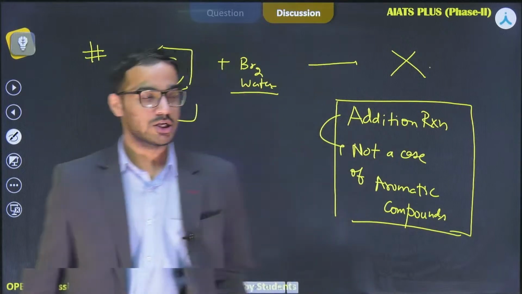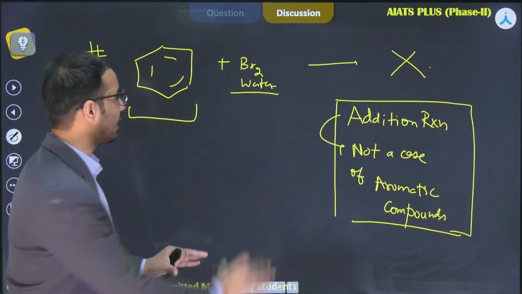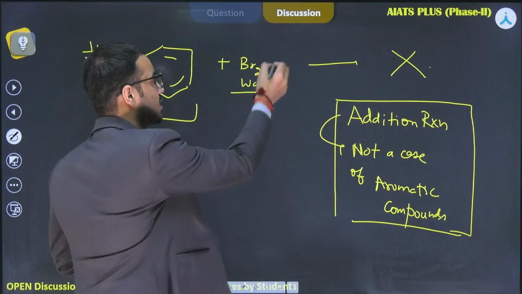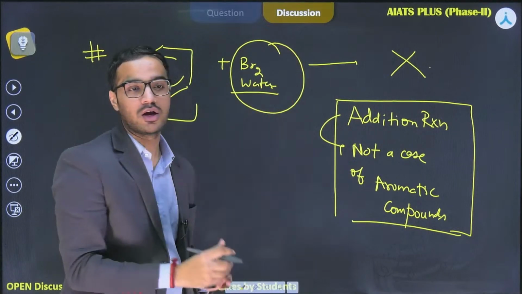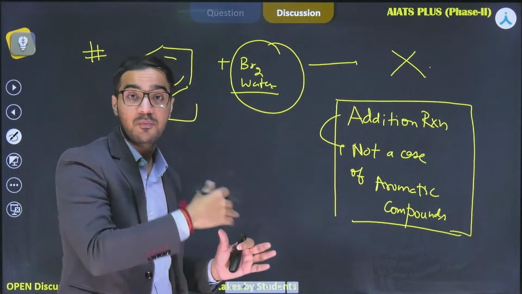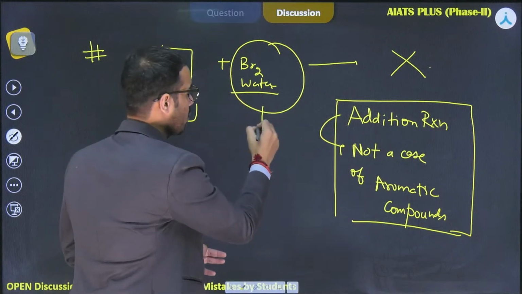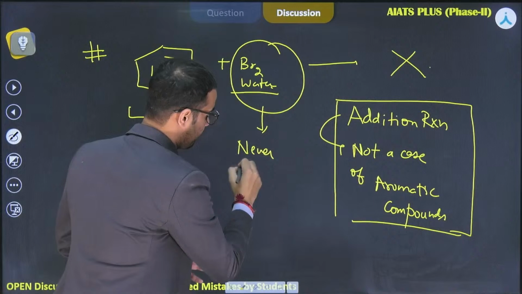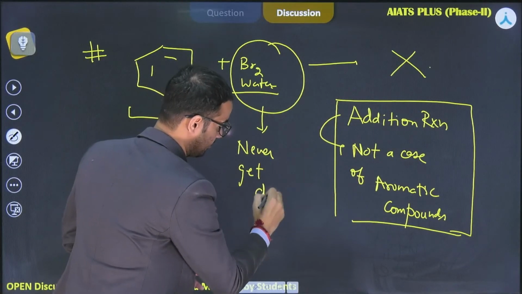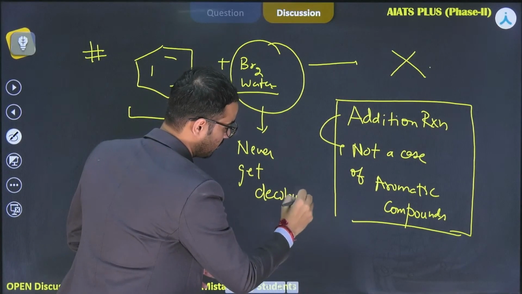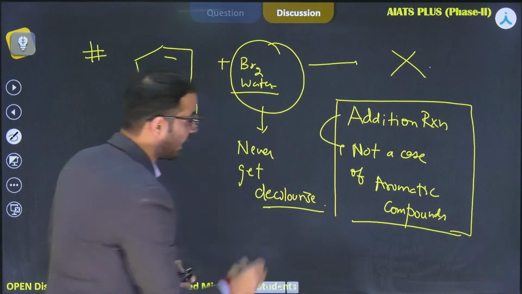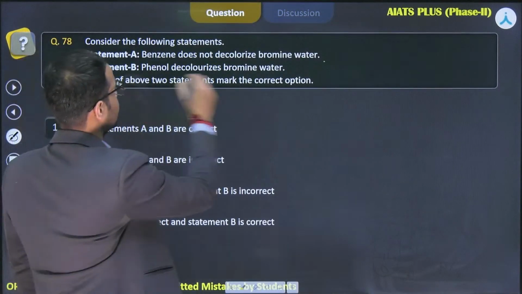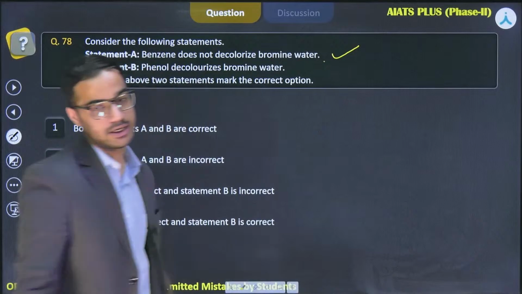So we can clearly say that if this reaction will not occur, the color of bromine water will never be decolorized here. So statement A is absolutely correct.